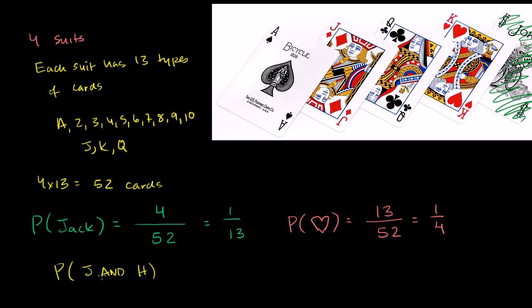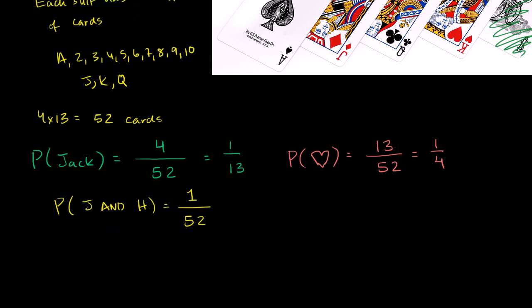So we're saying, what is the probability that we pick the exact card, the jack of hearts? Well, there's only one card that meets this criteria right over here, and there's 52 possible cards. So there's a 1 in 52 chance that I pick the jack of hearts, something that is both a jack and a heart.